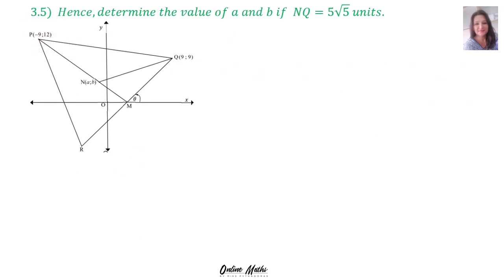Question 5. Hence, determine the value of A and B if NQ is equal to 5 root 5 units. So it's given that this length is 5 root 5, and we are looking for A and B's value. And remember, if it says hence, it means you take the answer from the previous sum. The fact that they mention a length, we will use the distance formula from the formula sheet.